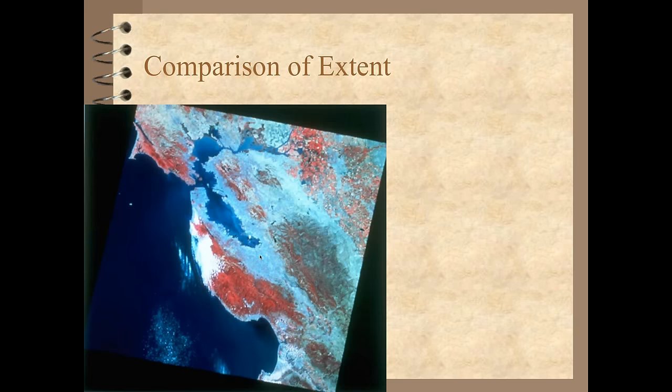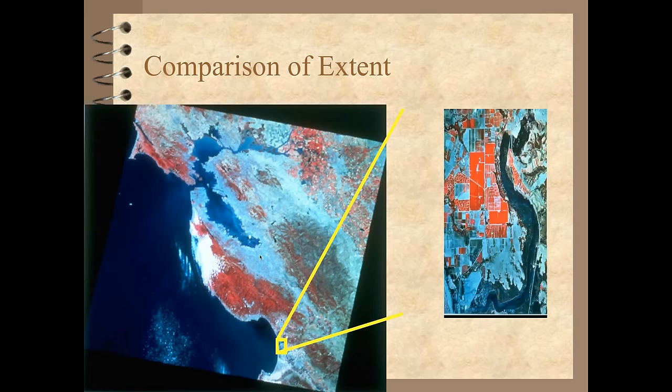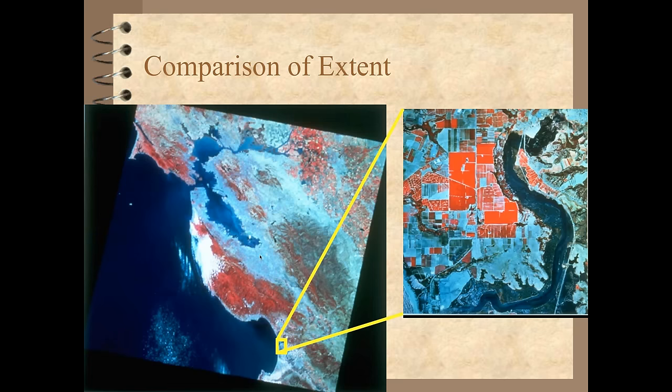And here's a Landsat scene, and you may recognize this as San Francisco. So this is Monterey Bay down here, and San Francisco Bay here, and Marin, the peninsula we were looking at over here, and here's the city of San Francisco.